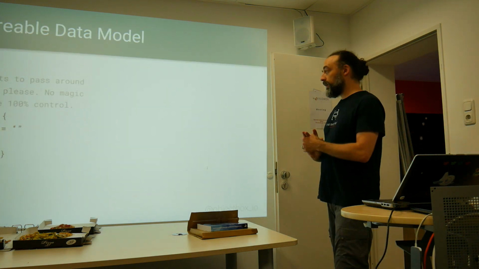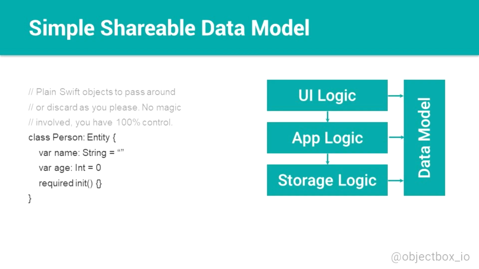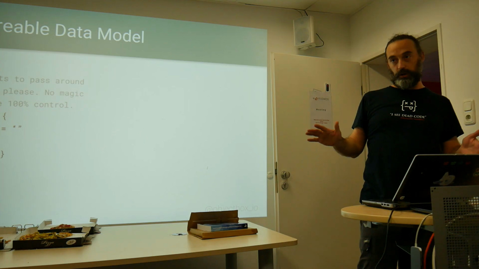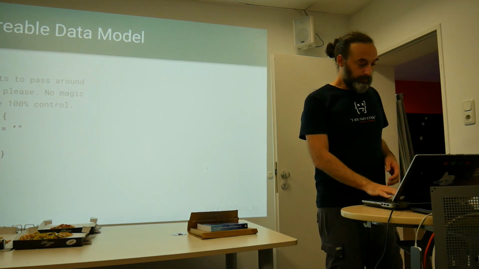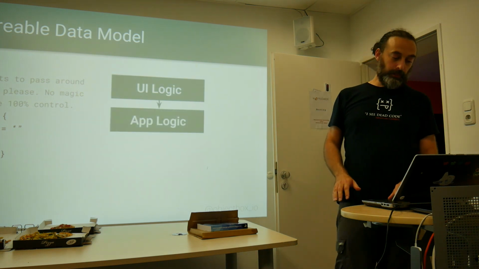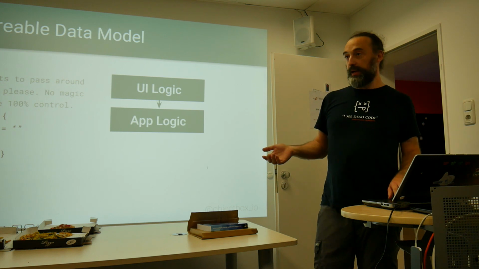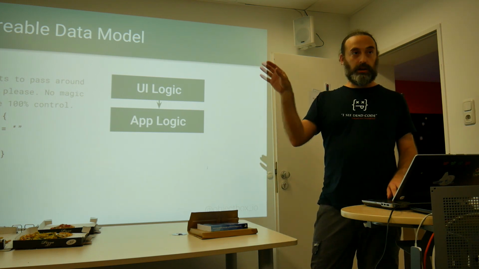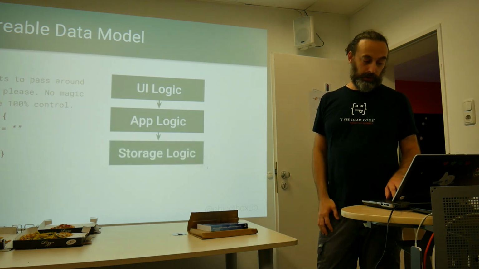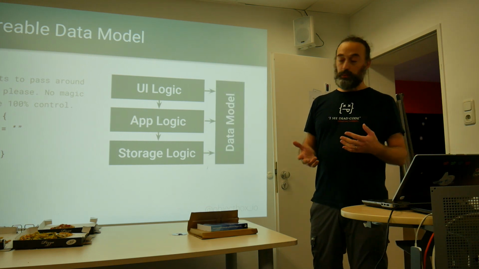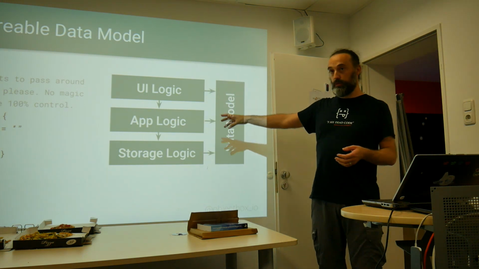And this is how a Swift entity looks. So it's a regular Swift class, there's no NSObject in it, and even the entity protocol is optional. You can just have no protocol at all if you want. And if you think about your app architecture, you probably have some UI logic layer and app logic, maybe some storage logic, and you can still use those entities across all those layers.